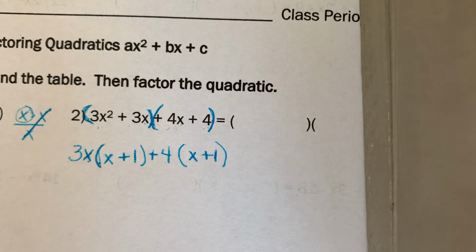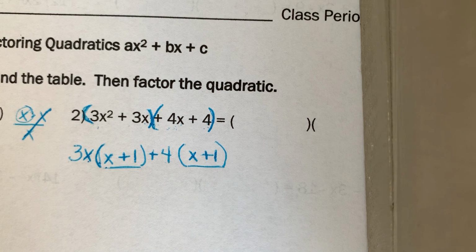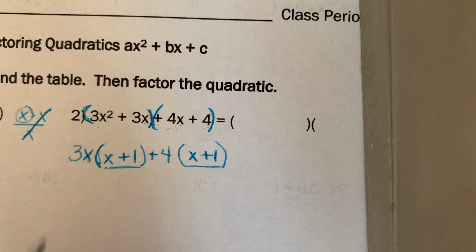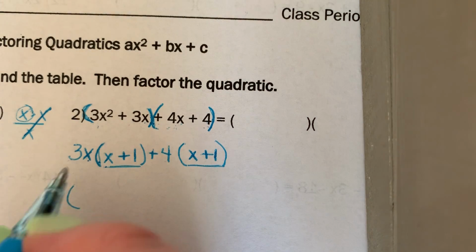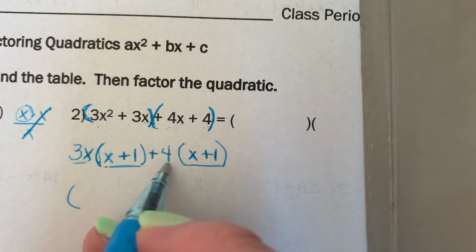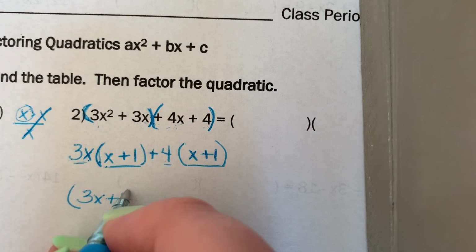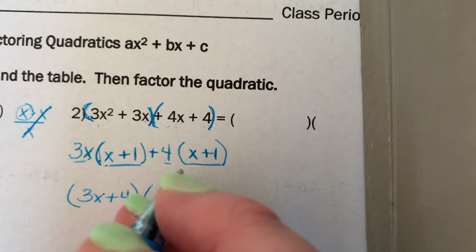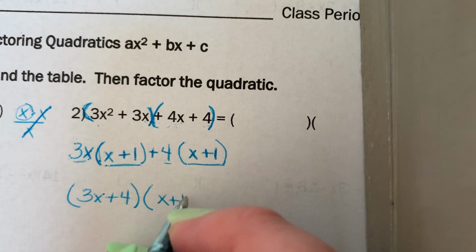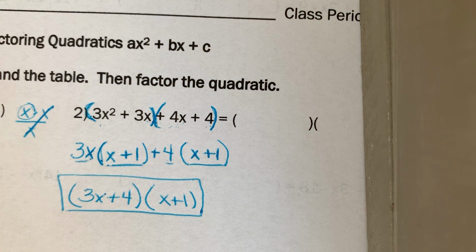Now, before you go any further, check to make sure what you have in parentheses match. If they do not match, you did something incorrect. So now we're going to put our greatest common factors together in one set of parentheses. So our greatest common factors were 3x and 4. So we're going to have 3x plus 4. And then what we had left over was x plus 1. So this is going to be our answer.